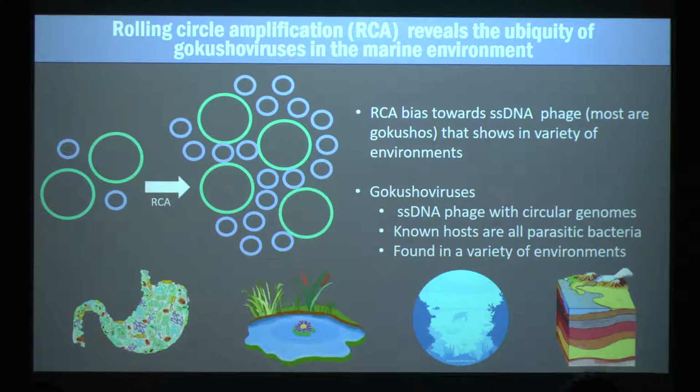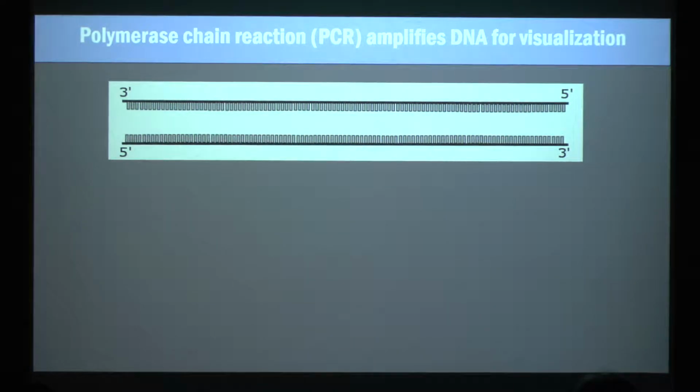So how do I plan to quantify them? Well, I'm using a modification of a very classic molecular technique known as the polymerase chain reaction, or PCR. So as a reminder, what PCR is mainly doing is it's just making a lot of copies of a section of the gene we're really interested in.